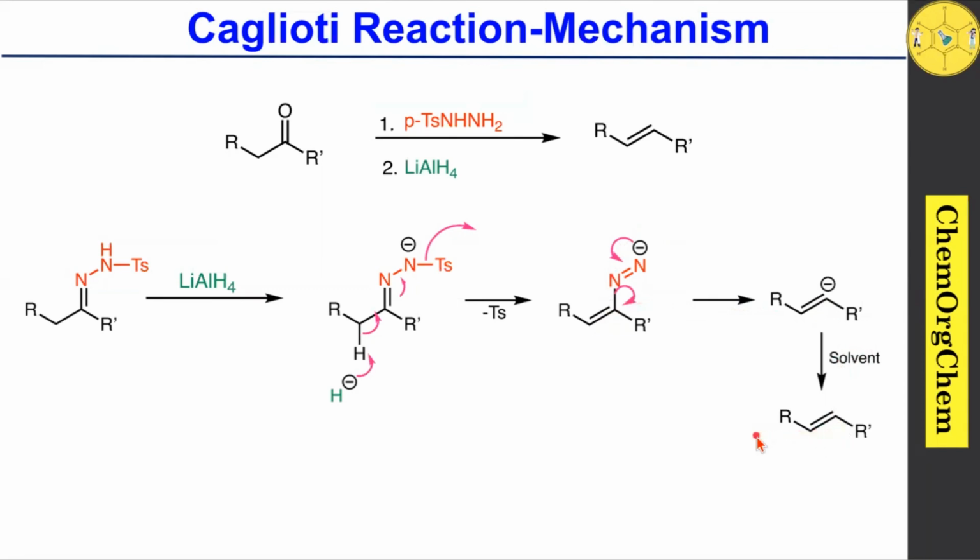Sometimes if we use excess reducing agent, we could observe the alkane compound also. Therefore, this is one of the disadvantages of the Caglioti reaction. So in order to overcome these shortcomings, several modifications are also known.